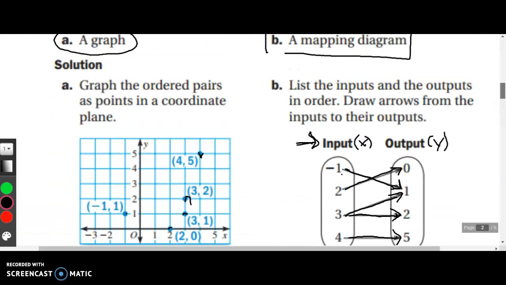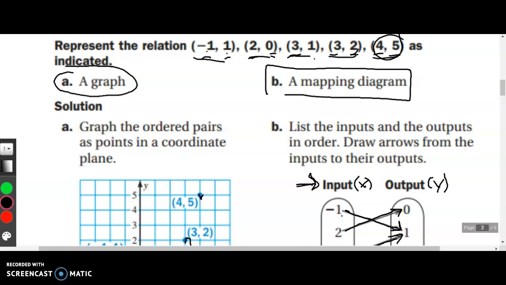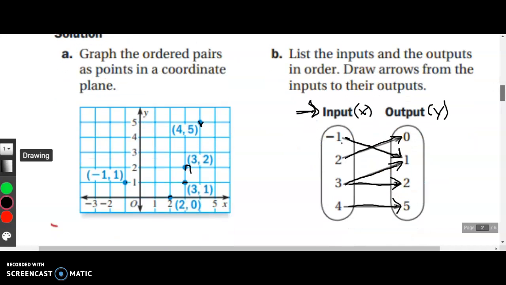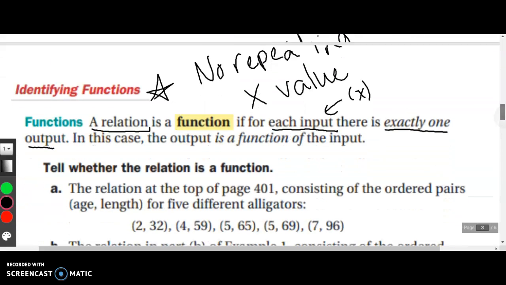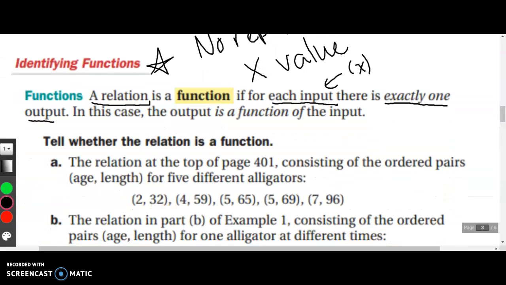Now we noticed here we had a repeating x value: 3 went with 1, and then 3 went with 2. You'll notice on a function, nothing says that you cannot have a repeating y value. It's all about not having a repeating x value.